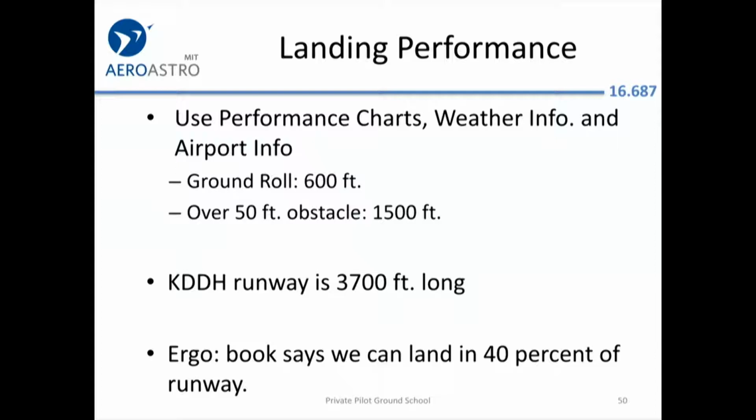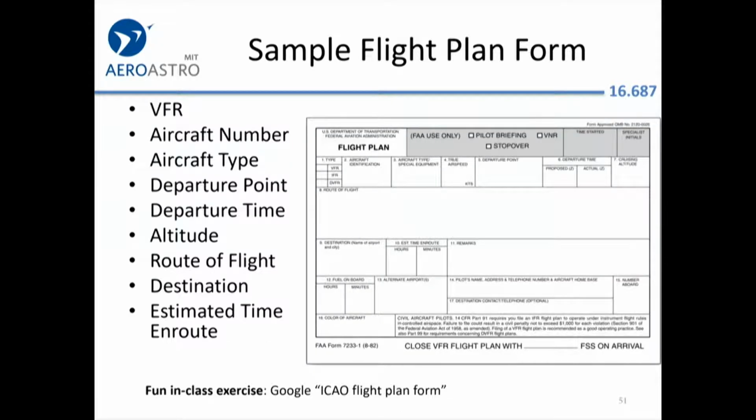They have plenty of trees and hills, so let's make sure we have at least 1,500 feet of runway plus a margin, which we do. So the book says we can land in 40% of the runway, and remember I told you that for airline operations, you try to make sure you can land in at least 60% of the runway. So we're good there.